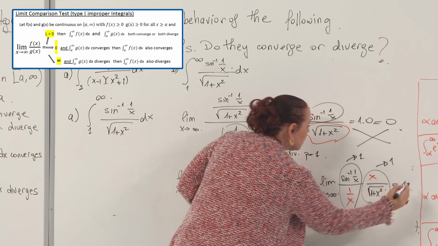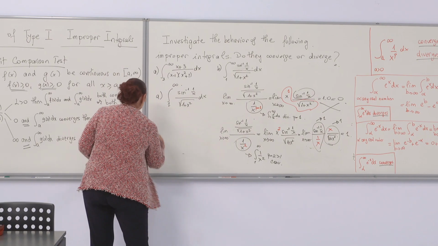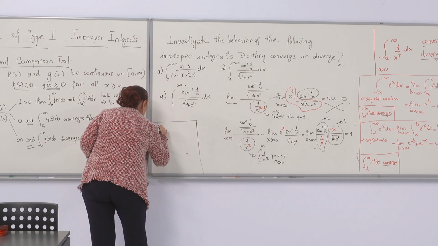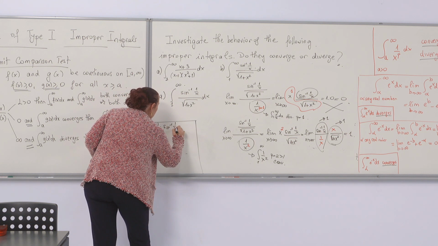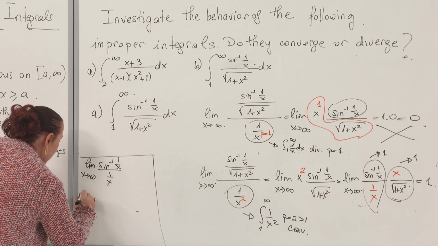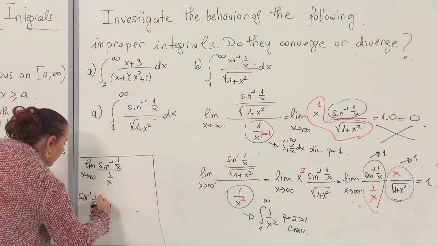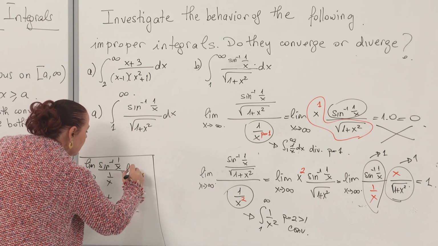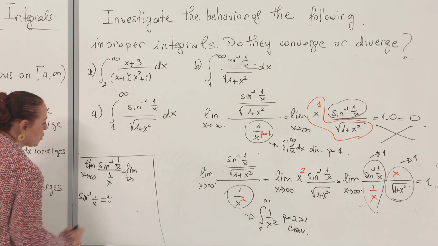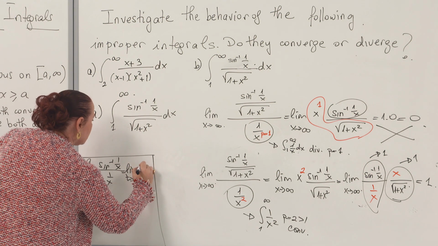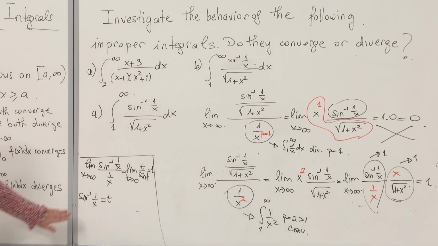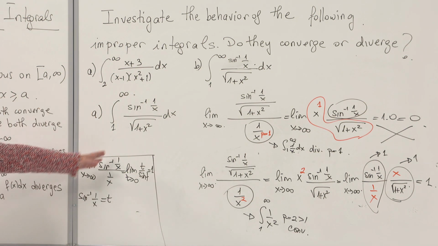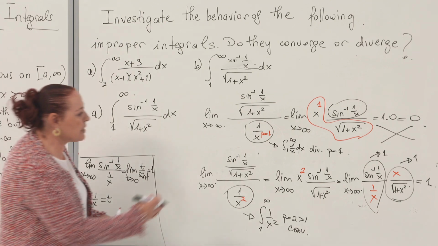So the answer to this limit is 1. Why? The limit as x goes to infinity of inverse sine of 1 over x, over 1 over x. If inverse sine of 1 over x is t, I have the limit as t goes to 0 of t over sine t, which is equal to 1. I do this substitution in order to find the answer to this limit.